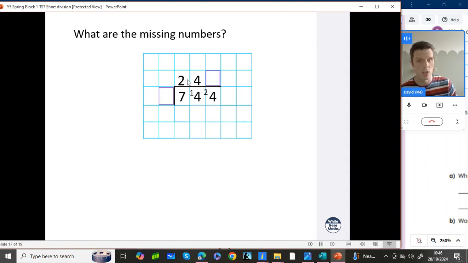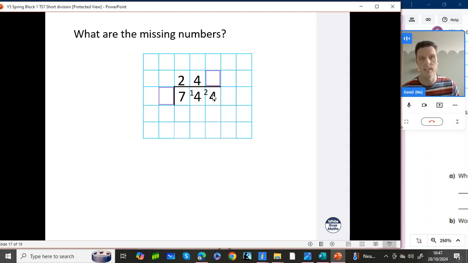We don't know what the divider is, but there was also 1 left over. And then if we look here, 14 was divided by something, which gave us answer 4, but there were 2 left over.